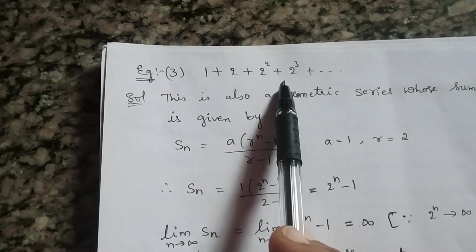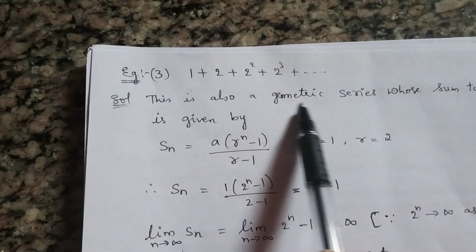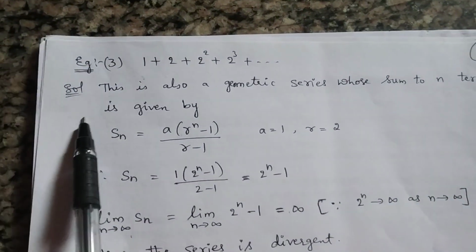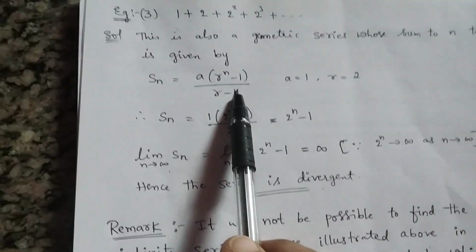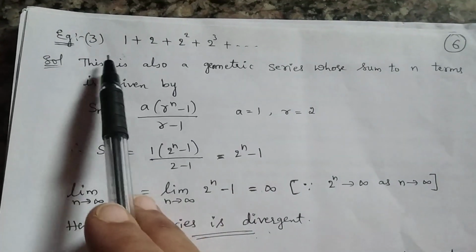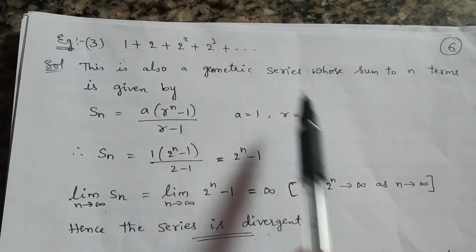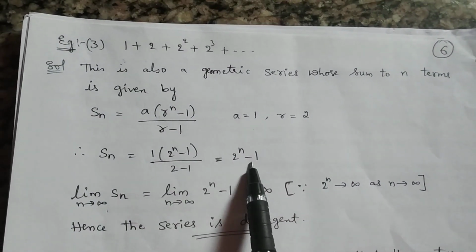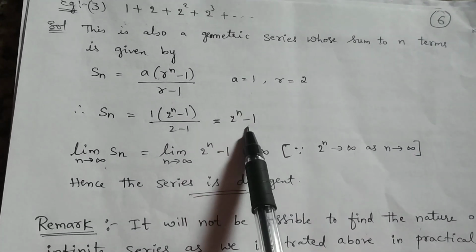Next, we have another example: 1 plus 2 plus 2 square plus 2 cube and so on. This is again a geometric series whose sum up to n terms is known to you. In the formula, a is 1 and the common ratio is 2. Substituting and simplifying, we get the result 2 power n minus 1.